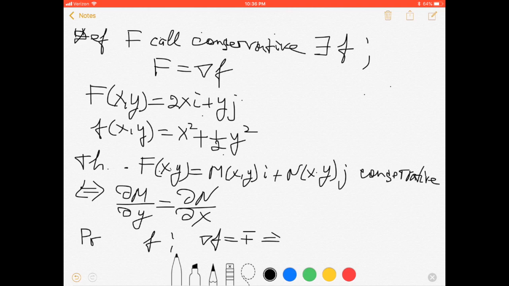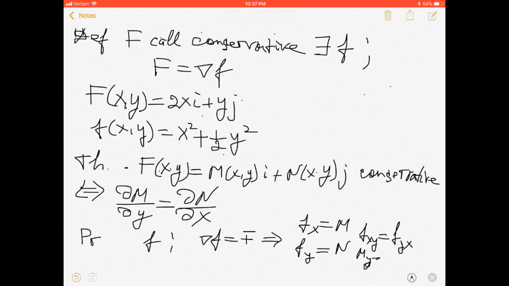What does it mean? The partial derivative of function f with respect to x is M, and with respect to y is N. But if your function is good enough, meaning continuous or piecewise continuous, f_xy equals f_yx, the second order derivatives. It means the derivative of M with respect to y equals the derivative of N with respect to x.